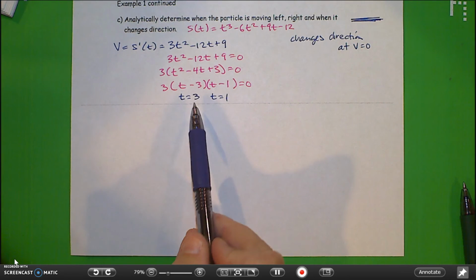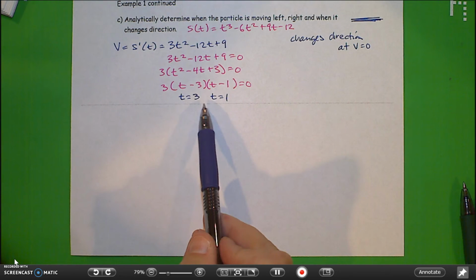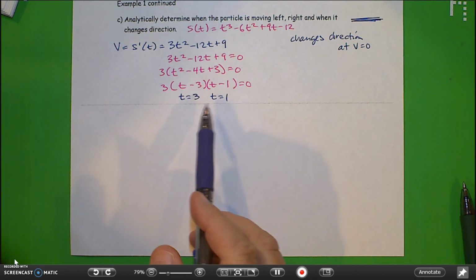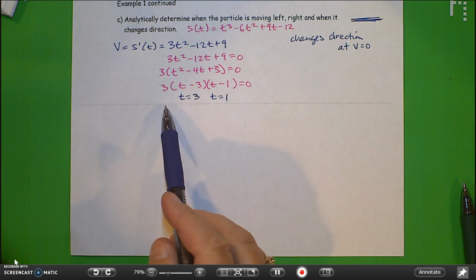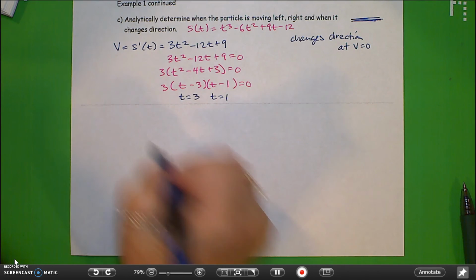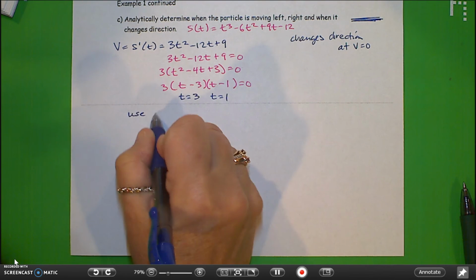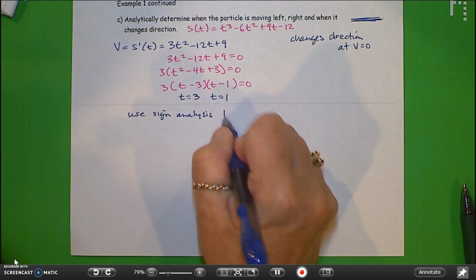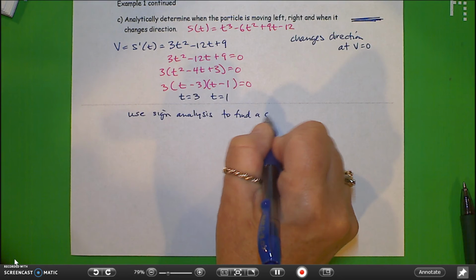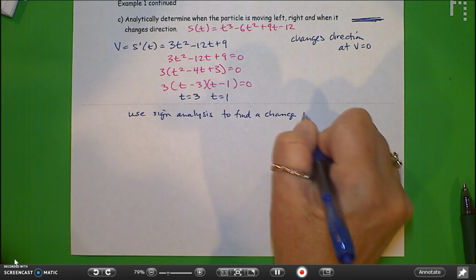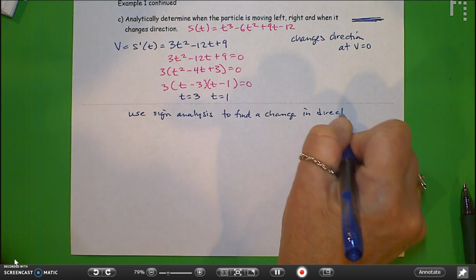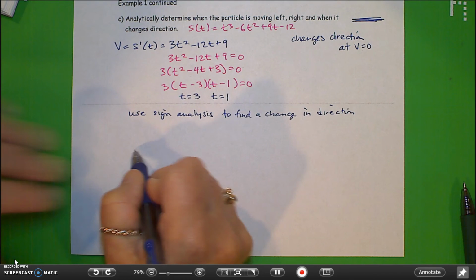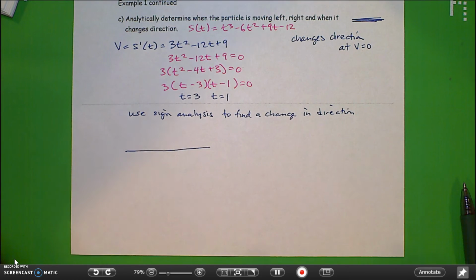To determine that, I'm going to look at the sign of the velocity to the left and to the right of these zeros. So I'm going to use what is called sign analysis to find a change in direction. When I do this, I'm going to create a number line here.